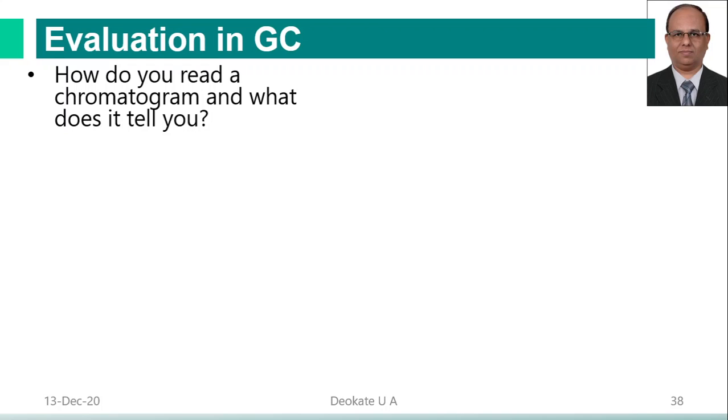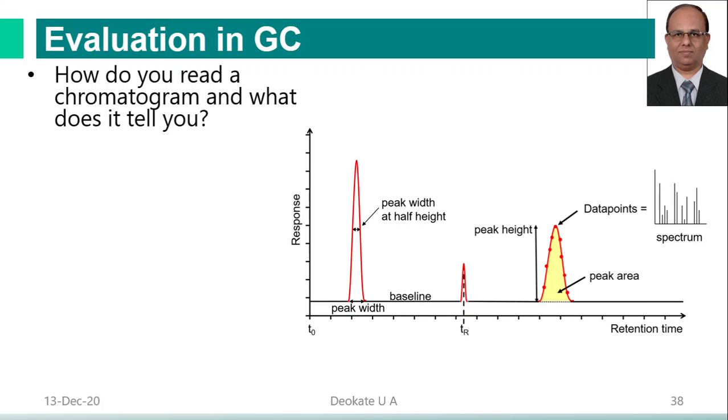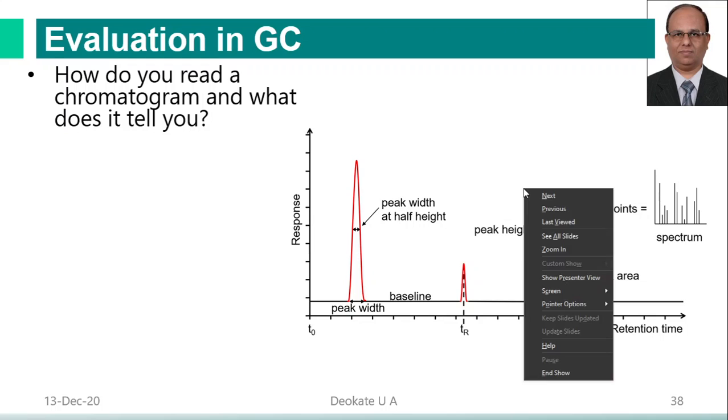Evaluation in GC. The last part of your GC is the GC chromatogram. You can see how to read a chromatogram and what it tells you. You can see on the graph it is a plot of retention time, or time, versus response.